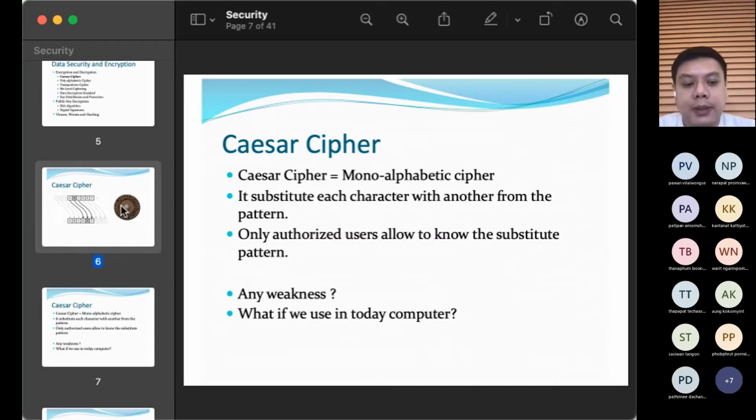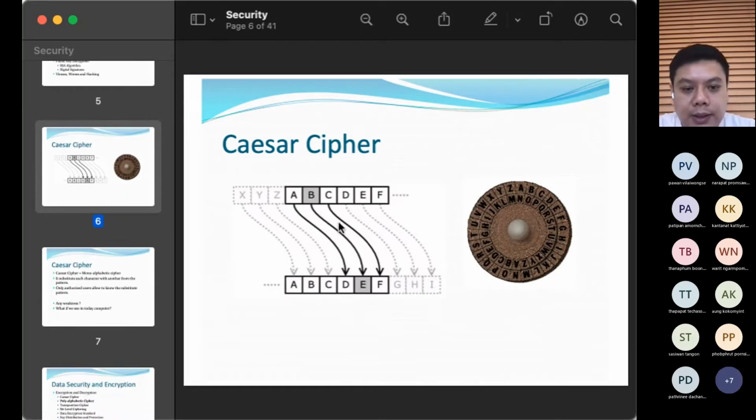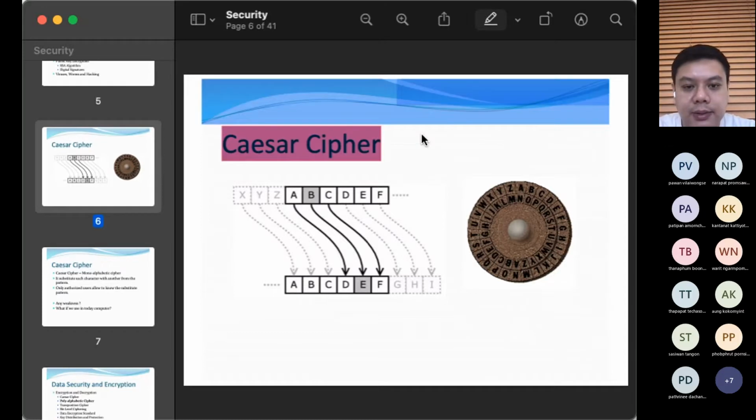This is pretty good because, if you have a word like CAB, C-A-B, you can write that.